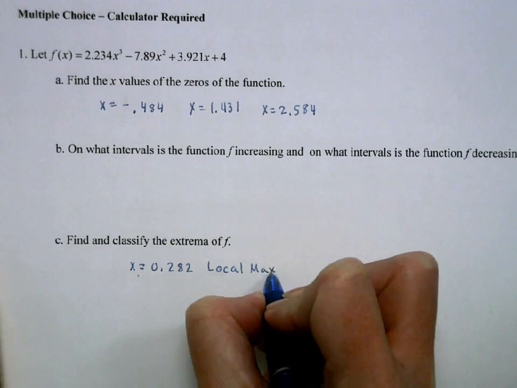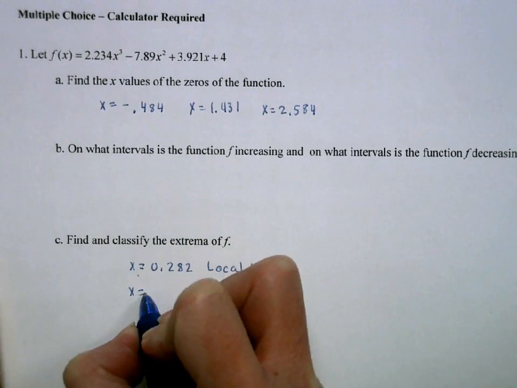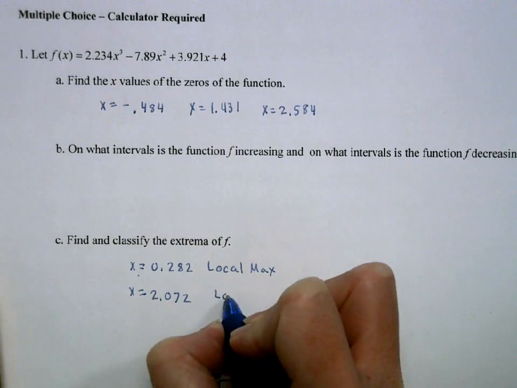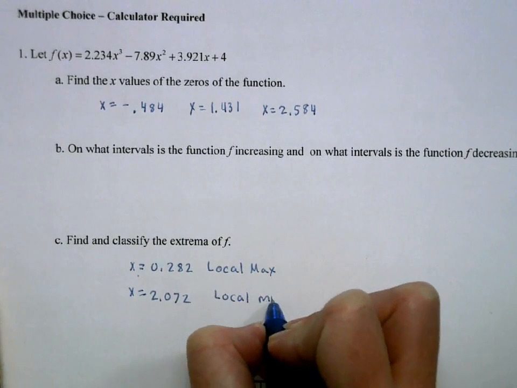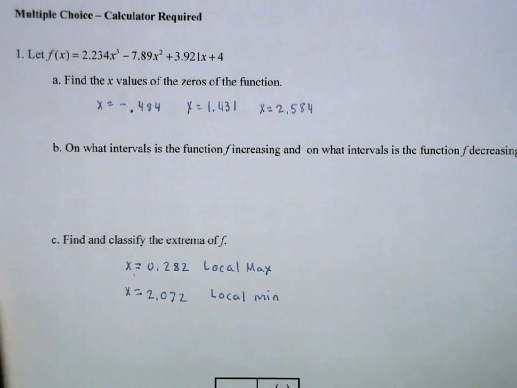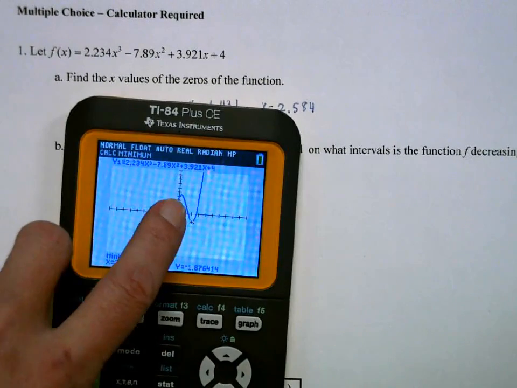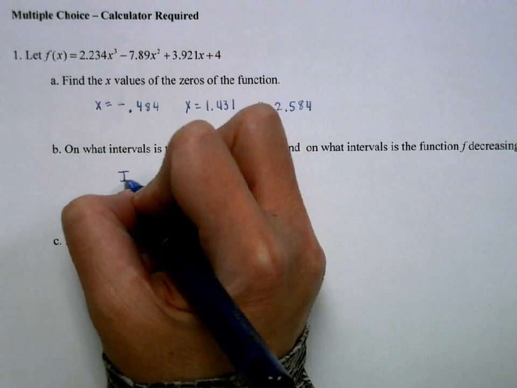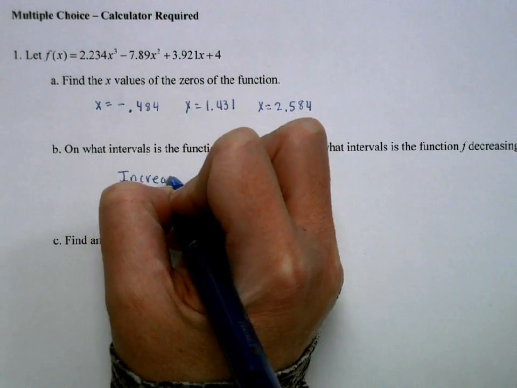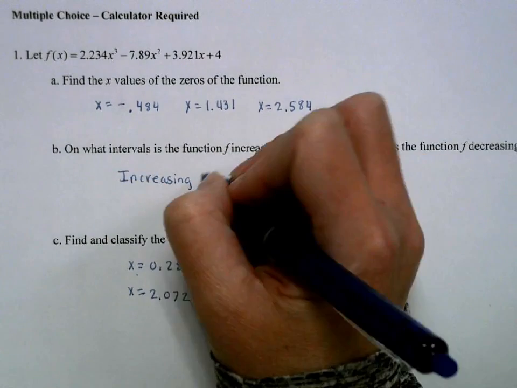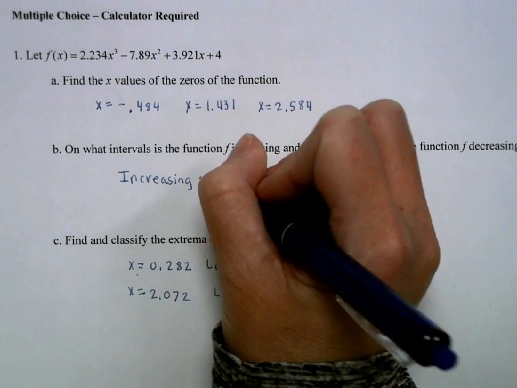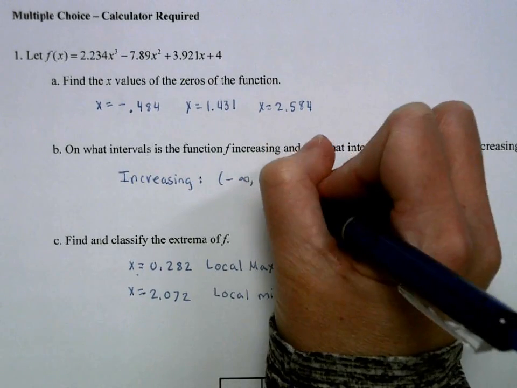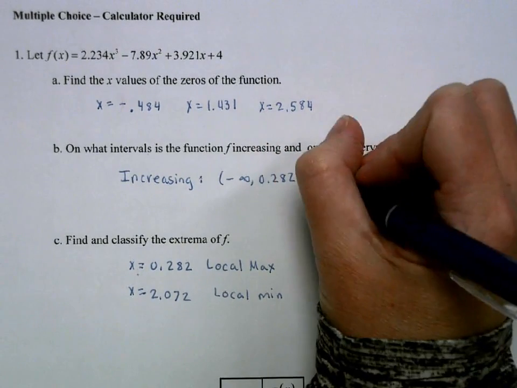And then again, we said it's increasing to that max, then decreasing to the min, then increasing afterwards. So it's increasing from negative infinity to that maximum value. And then from that minimum value to infinity. And then it's decreasing in between them.